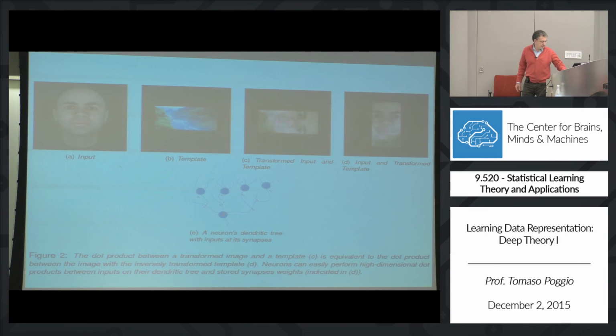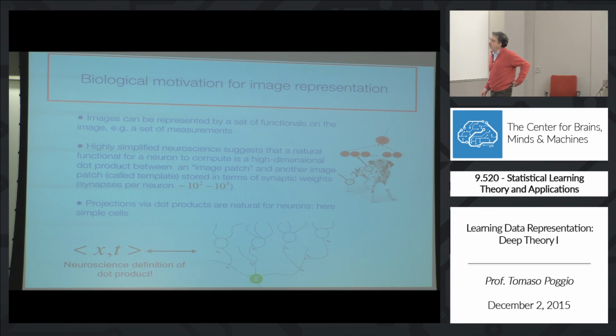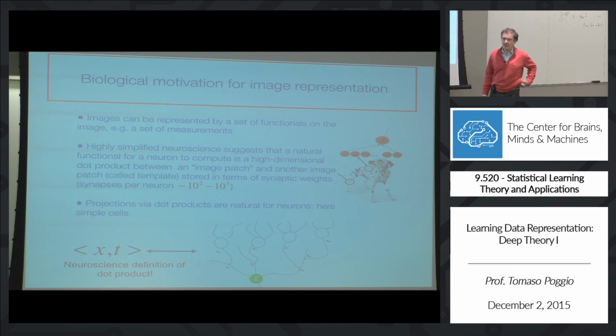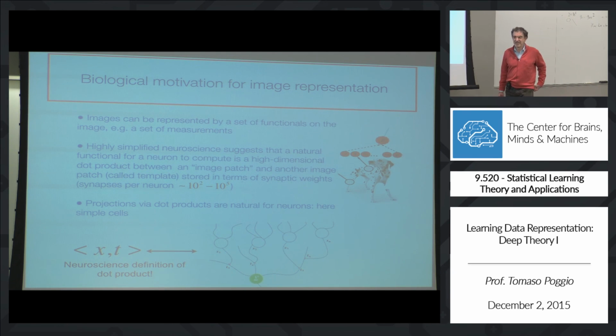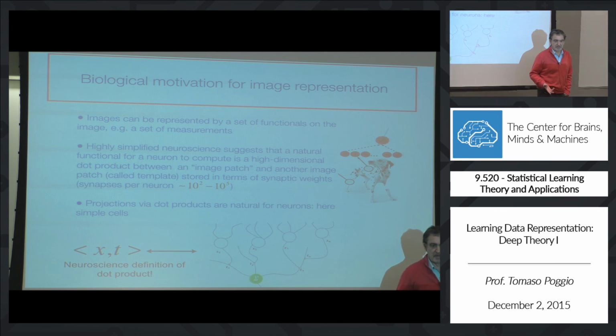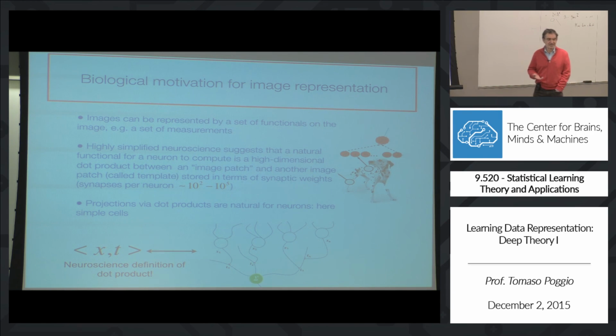So let me mention one of the motivations here was that one of the few things neurons can do are high-dimensional dot products. And that was a motivation for this algorithm for invariance. Neurons are very slow. Basically, nothing happens in a neuron faster than 1 millisecond, which is a kilohertz, which is amazingly slow compared to our computers.